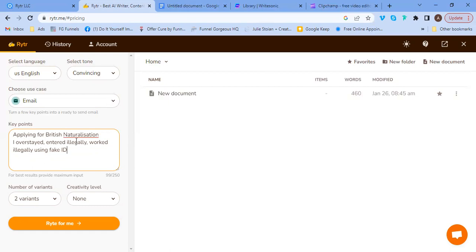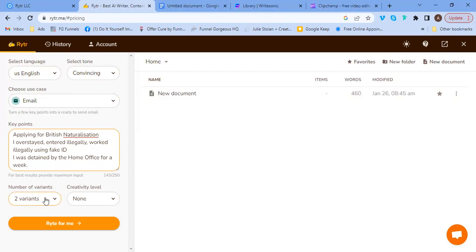So: I overstayed, entered illegally, worked illegally using a fake ID. I was detained by the Home Office for a week. Okay, let's leave that and see what will come up.